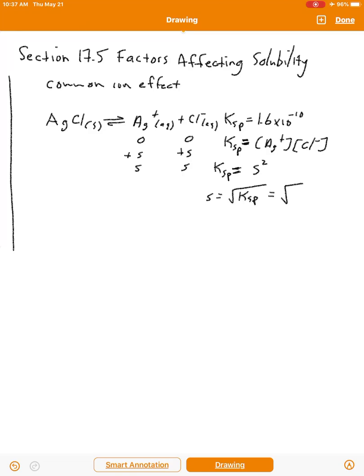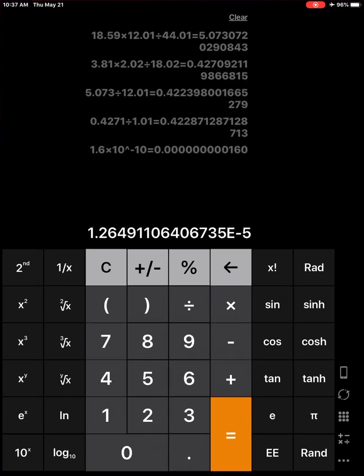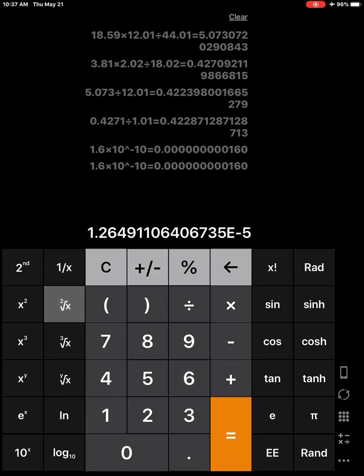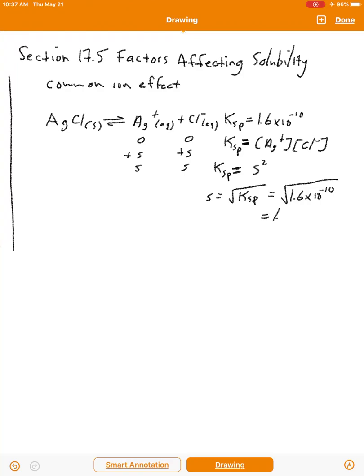So that would be the square root of 1.6 times 10 to the minus 10, which is around 1.3 times 10 to the minus 5. That's the molar solubility.